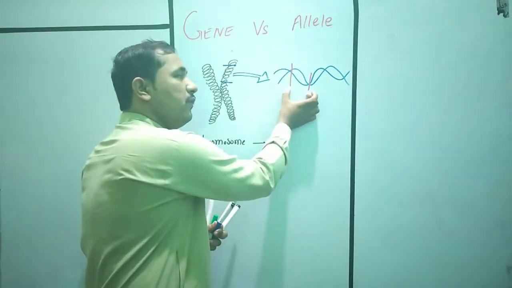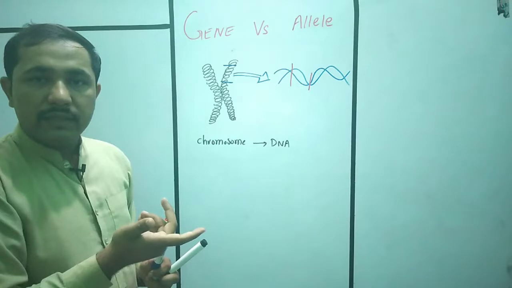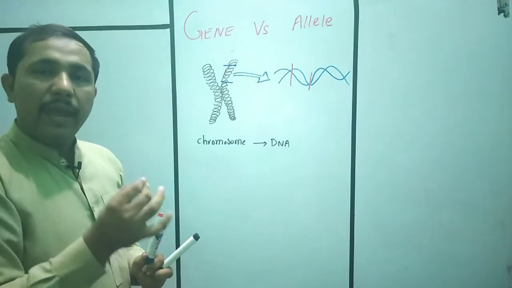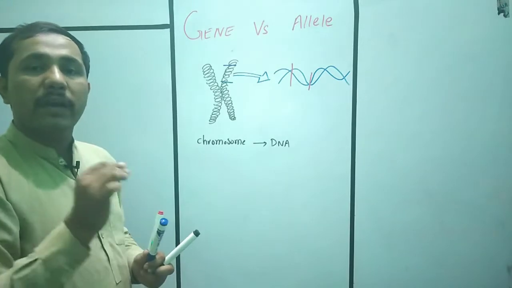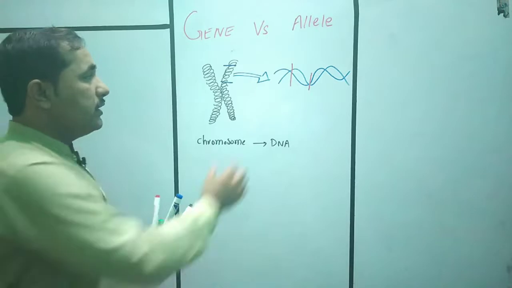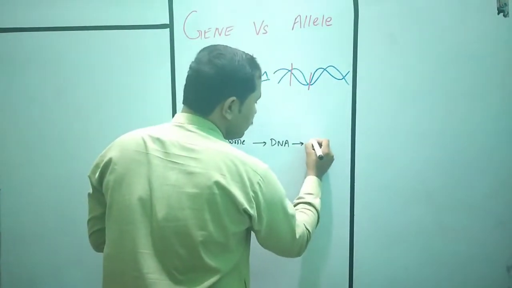A little fragment of DNA that controls a specific character, like eye color, skin color, or your blood group system. Any trait is controlled by different kinds of genes in our chromatin or chromosome. This fragment of DNA is called a gene.